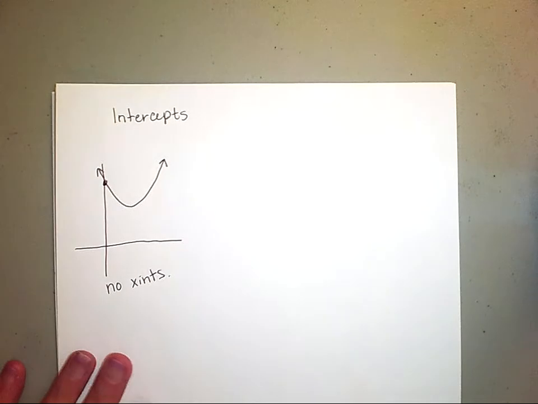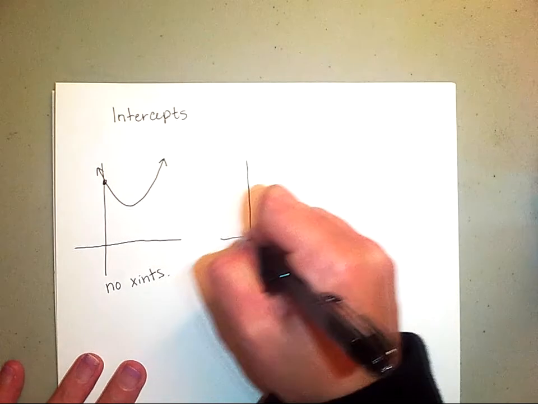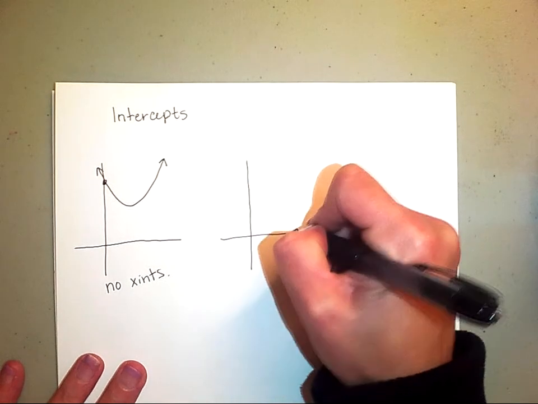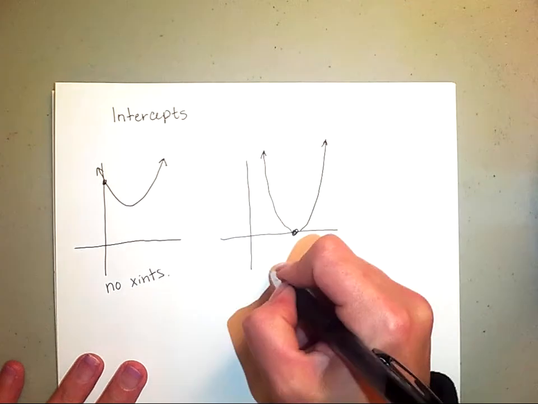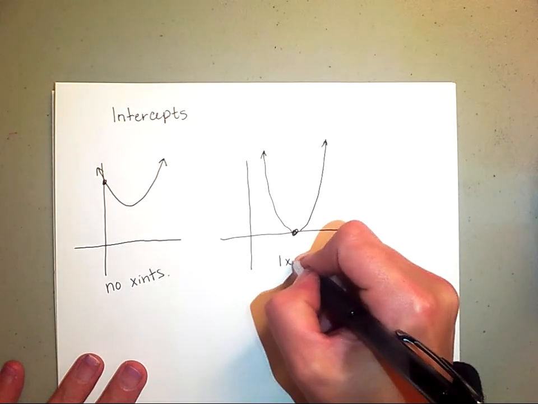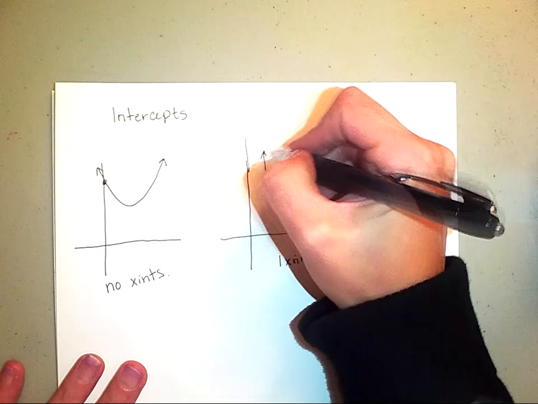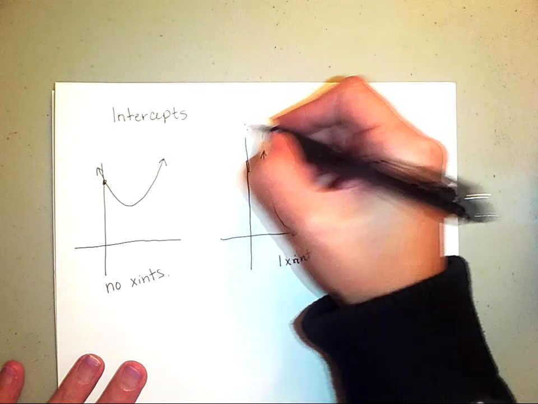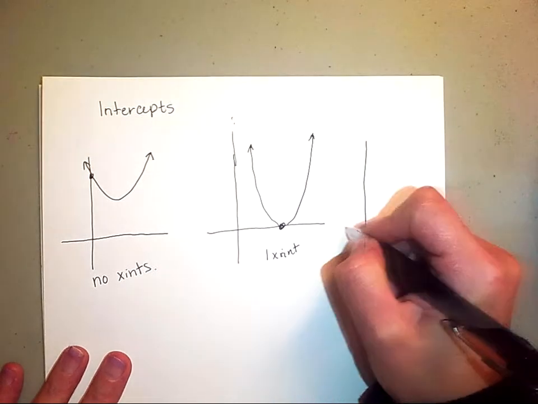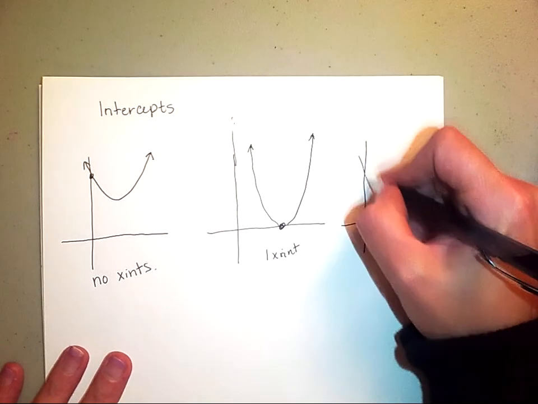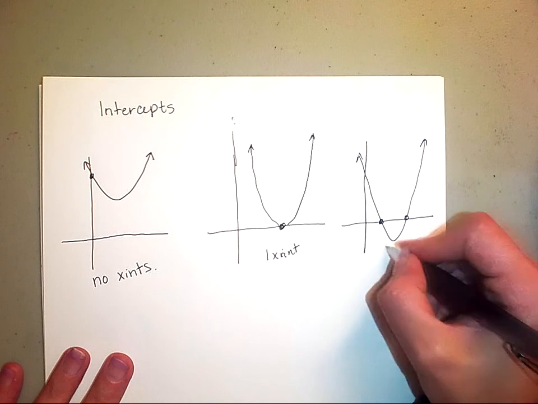It does have a y-intercept. It's also possible for the parabola to have only one x-intercept. It's still going to have some y-intercept way up there, but it's possible to only have one x-intercept. And of course, it's very possible to have two x-intercepts.